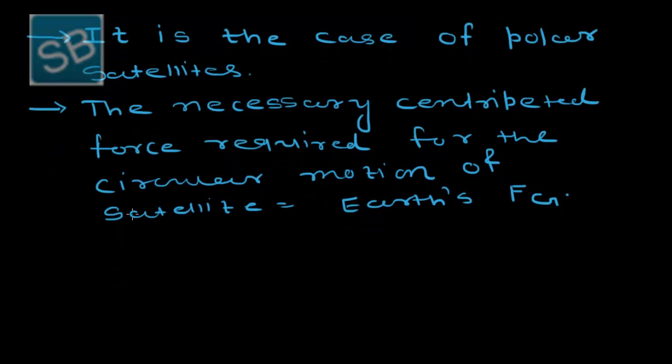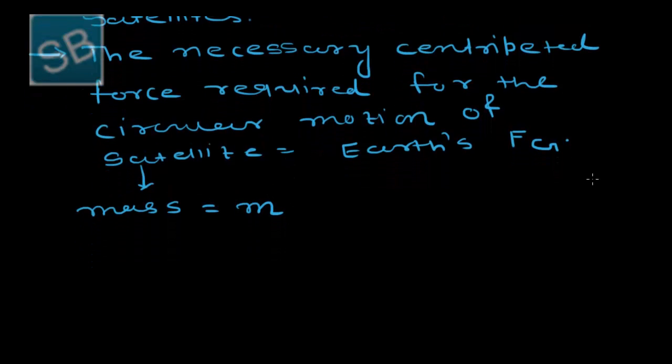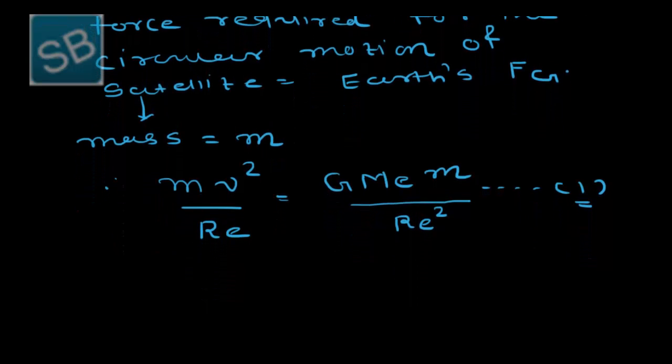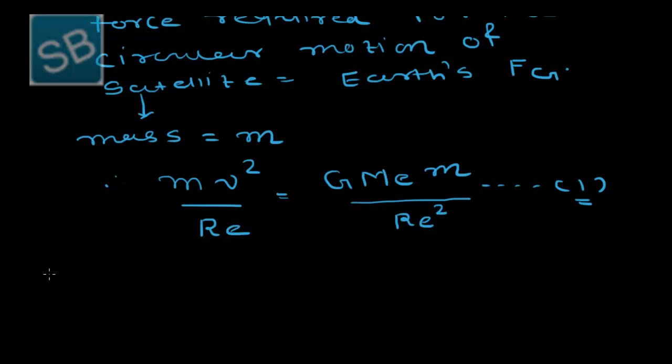Here I consider that the mass of the satellite is small m, and writing some mathematical steps, mv square over Re, because it is very near to the Earth's surface, so I can put directly the radius of the Earth, is equal to the gravitational force given by GMem upon Re square. So this is equation number 1, and this equation will give us the kinetic energy of the satellite.